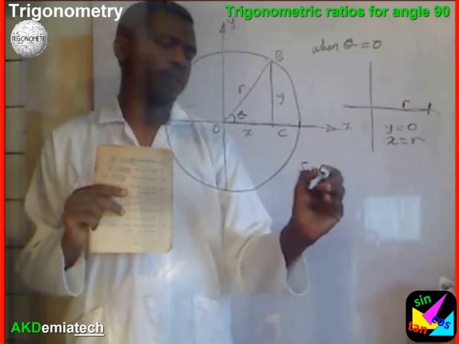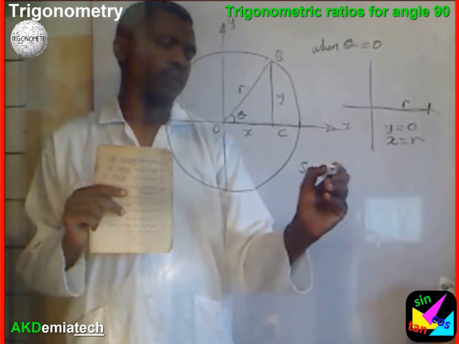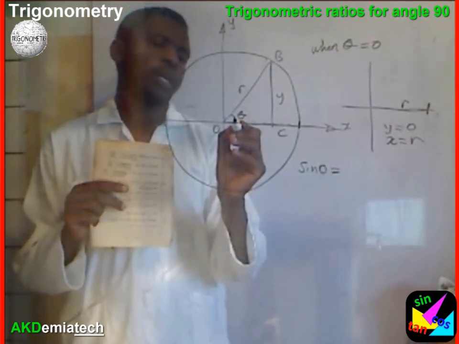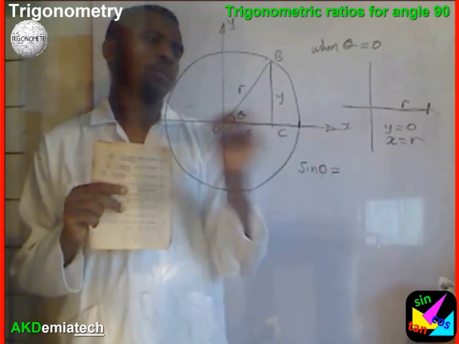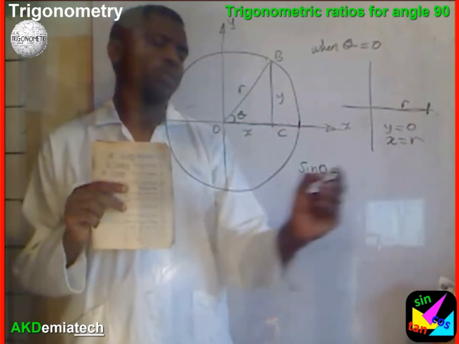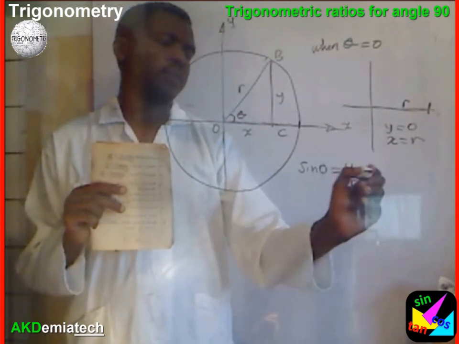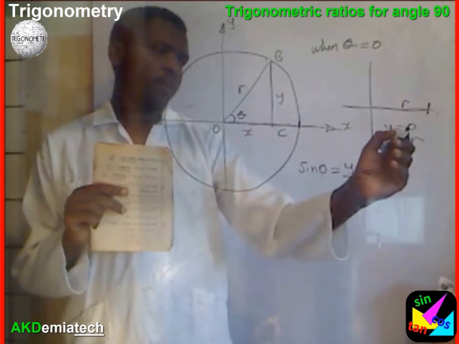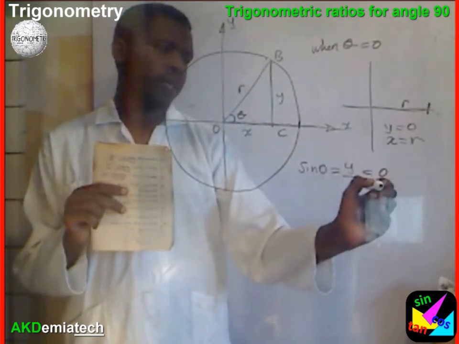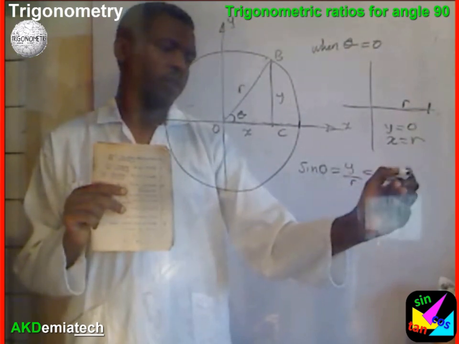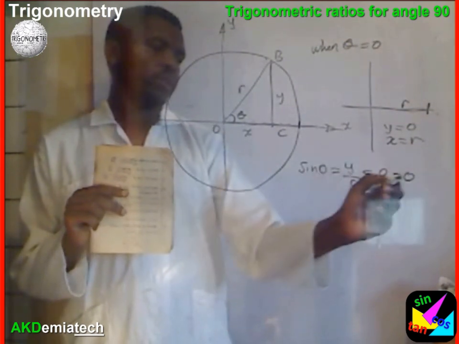Sine 0 degrees is equal to, here sine is opposite all over hypotenuse. This is y all over r. Then what is y? Y is 0 all over r is 0. So sine 0 is equal to 0.